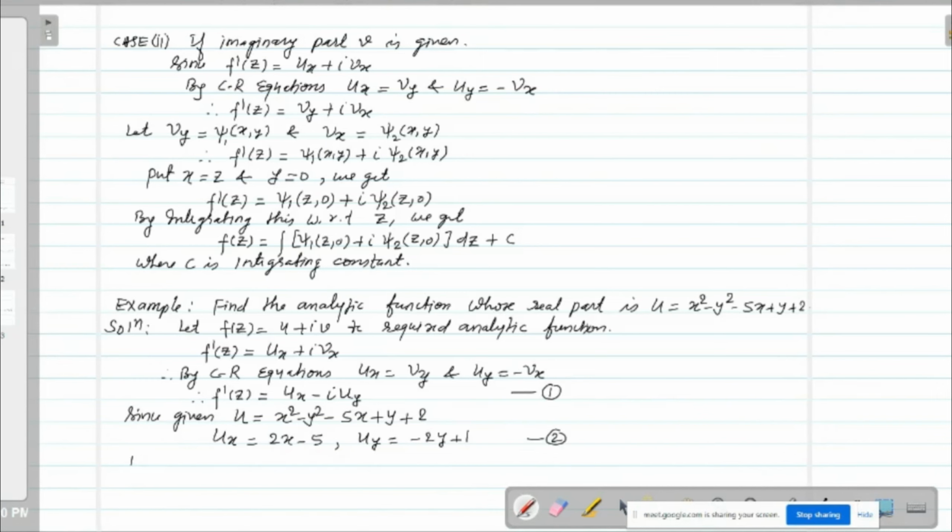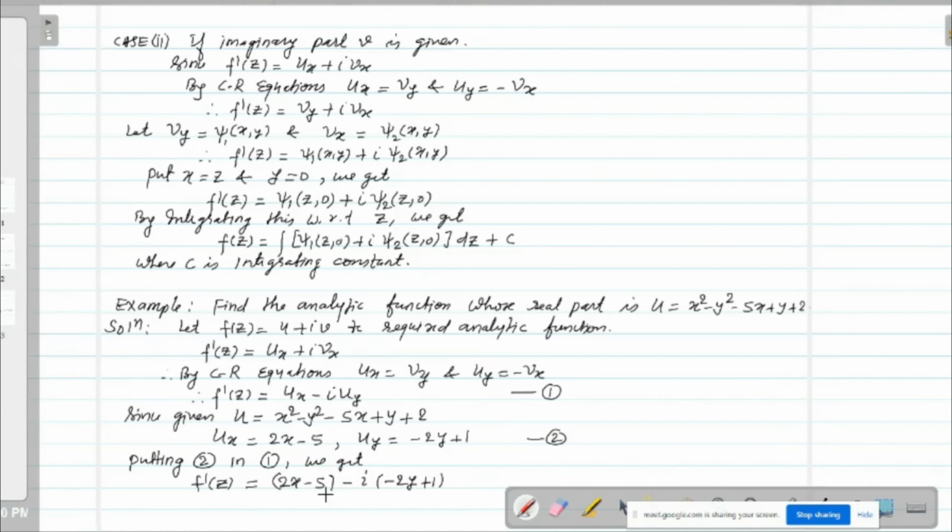Putting equation number 2 in 1, we get f dash of z is equal to ux, which is 2x minus 5, and minus i times vy, that is minus 2y plus 1.